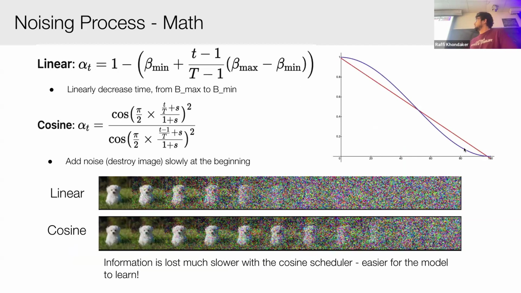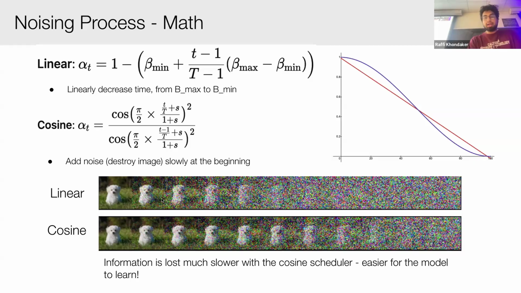Okay. The other thing, as I said earlier, is that alpha and beta are usually not just constants. Usually we use something called a scheduler to modify their values as we do the noising process.